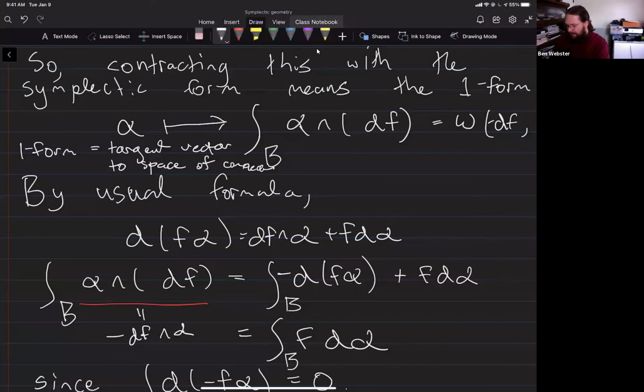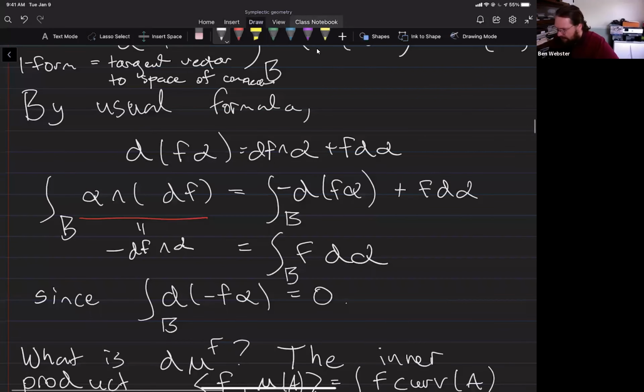So on the other side, I'm going to have minus d of f alpha plus f times d alpha. And of course, this first term, minus d of f alpha, I'm integrating over a closed, compact two manifold. So it's just zero by Stokes' theorem. So this is by Stokes.